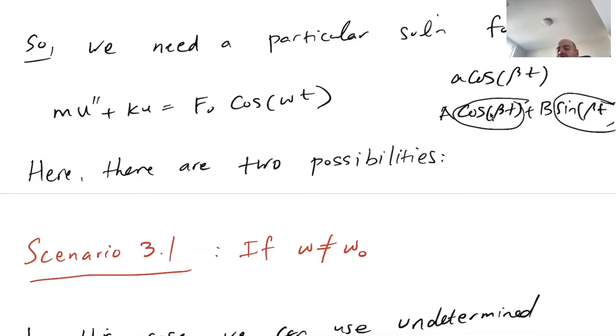So in general, if this is already a solution for the homogeneous equation, then we have to multiply this with a proper power of t, which could be t to power 1 or t to power 2, depending on the example, or any power of t. But if omega is not equal to omega naught, then this cos omega t, our beta, is omega here.